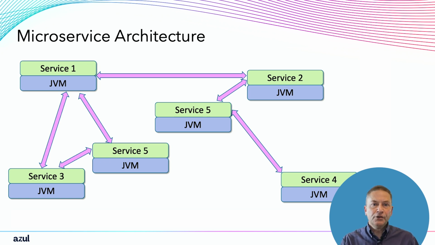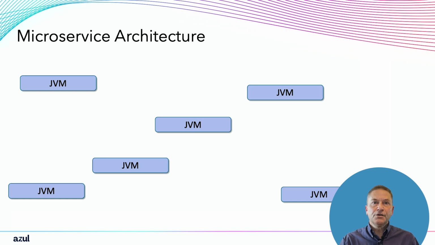However, if we look at this, we can see that all of the services are JVM based. So they're using a JVM to execute the code of that particular service. All of the services are tightly coupled in the sense that they know about each other and they have well-defined interfaces, how they pass messages and so on. But if we look at the JVMs, they are all completely independent.